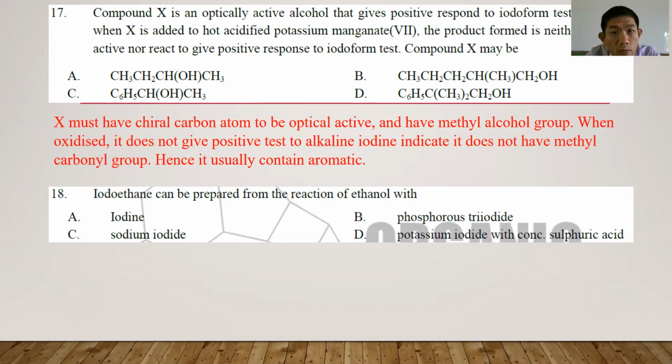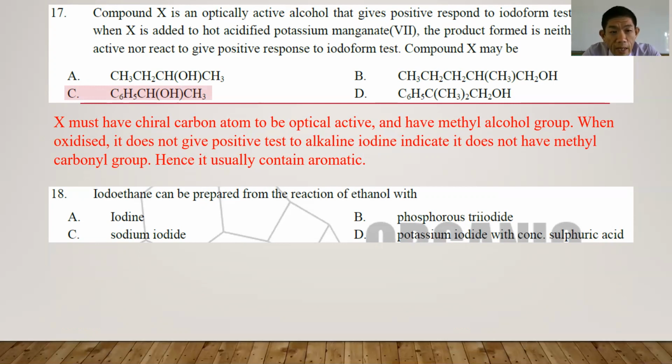So butanone can still give a positive test with the methyl carbonyl group. But in here, they said they don't want a positive iodoform test, so you will not have the methyl carbonyl group. So in here, C would be the best answer. Why? Because when C oxidizes, it will become benzoic acid.